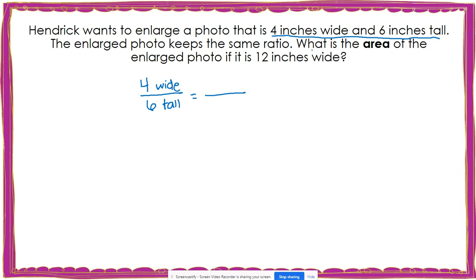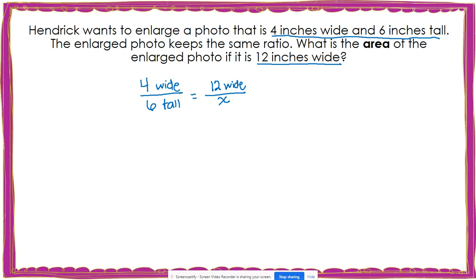Next, we know that we are looking for an enlargement that makes it 12 inches wide. Since width is in my numerator for my first ratio, width is going to be in my numerator for my second ratio. What I don't know is how tall that enlarged photo will be, so I'm going to put a variable to represent that.